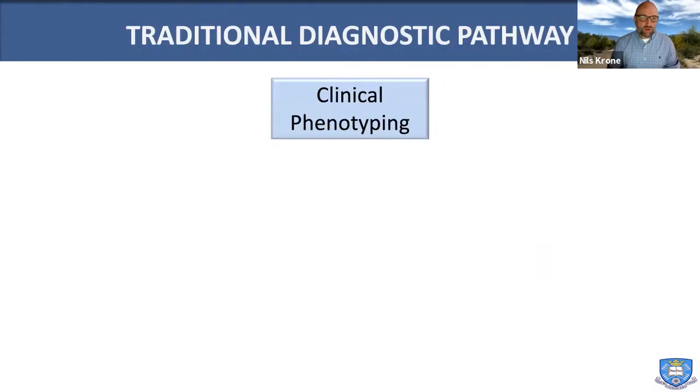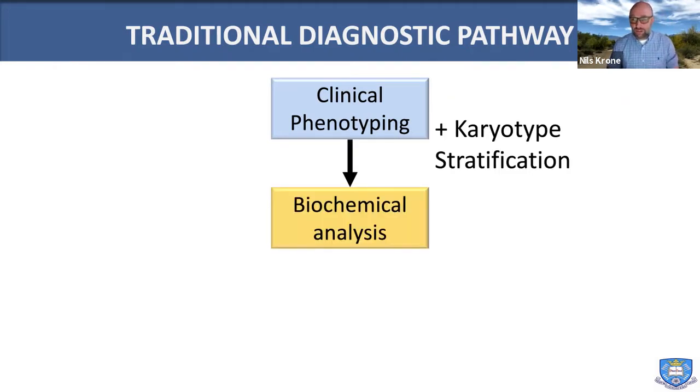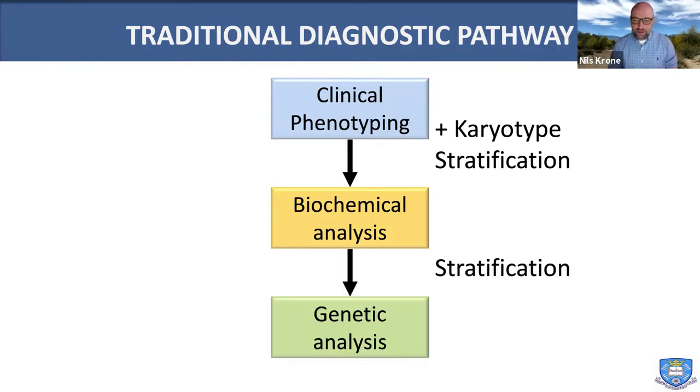But to drive this home, the traditional diagnostic pathway, which probably some people or quite a few people are still doing this way, goes with clinical phenotyping and diagnosis, looking at the karyotype, stratified then biochemical analysis, and then stratified genetic analysis. And that takes simply forever.